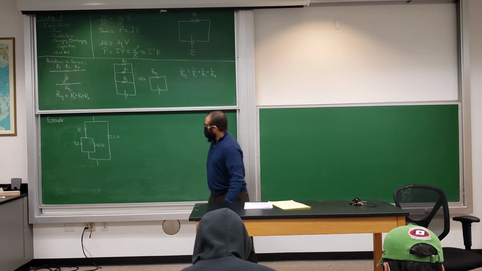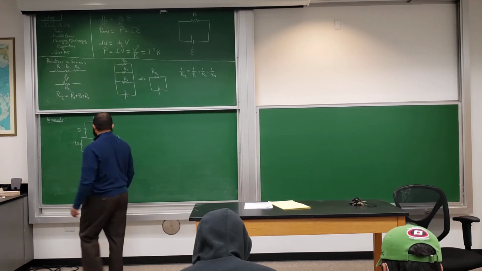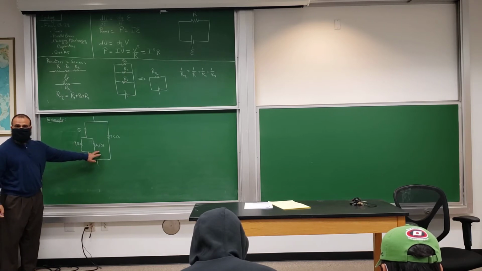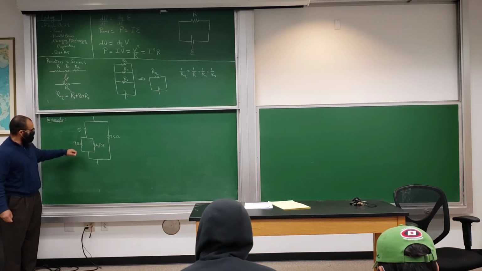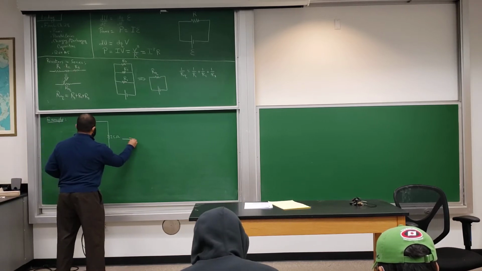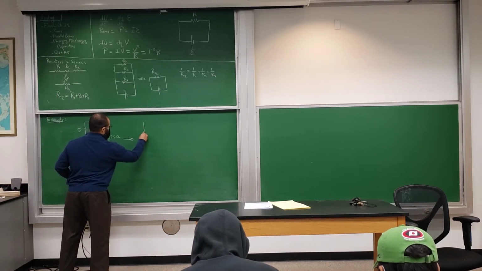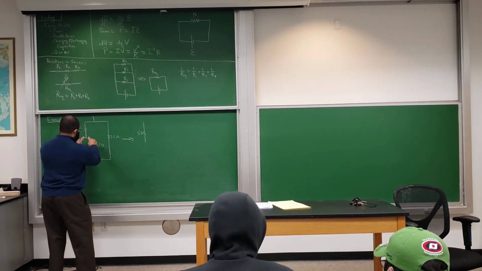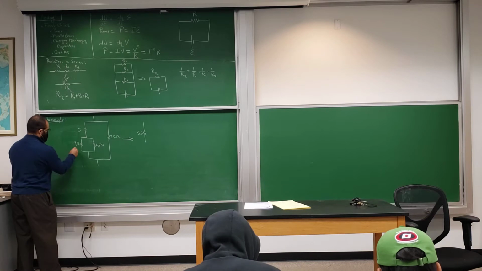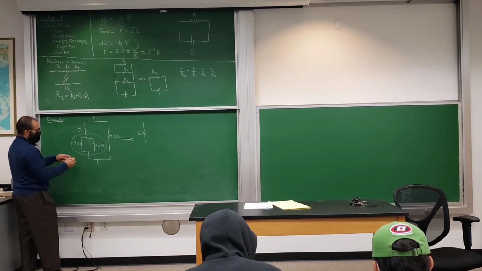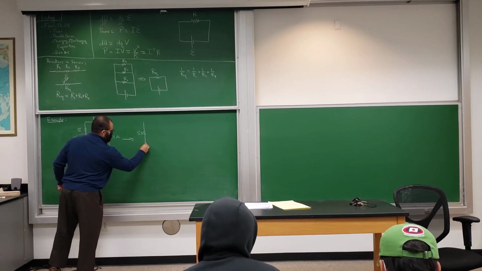Okay, so we have this. What should we start with first? Two parallels. These two are in parallel, so we need to do 1 over, right? The way you go about this is to redraw the circuit, so you will have your 5 ohms that we just made up, and then these two resistors are going to be replaced by just one resistor.